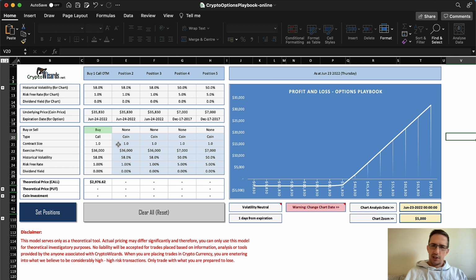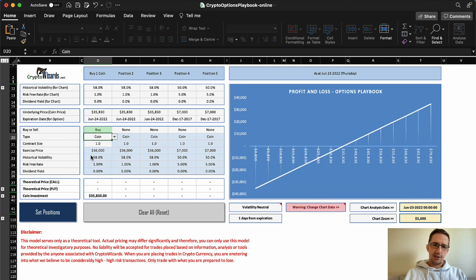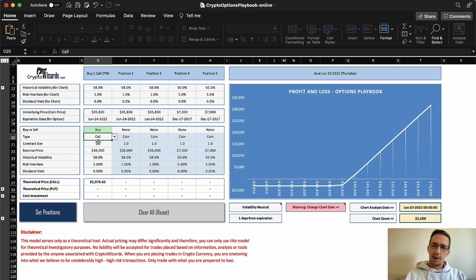Now, what is interesting about this is, do you remember when I was just buying coins? So if I change that, rather than it being a call option, just to buying the actual coin, you can see make money, things go up, lose money, things go down. That's just trading, right? You buy something, makes money going up, loses money going down. With the call option, I have this scenario over here.